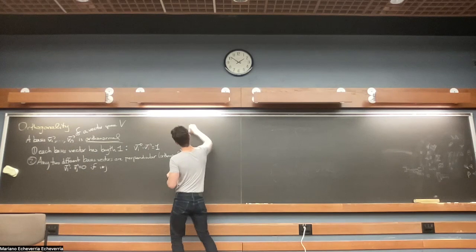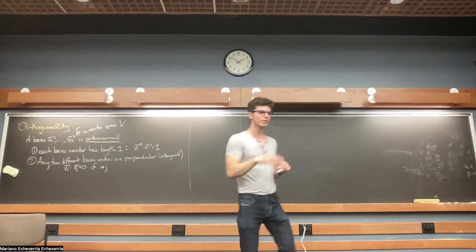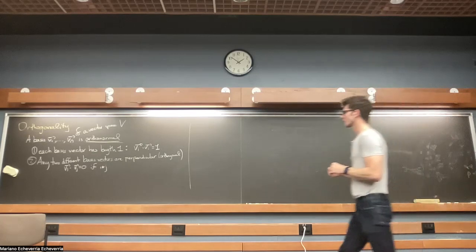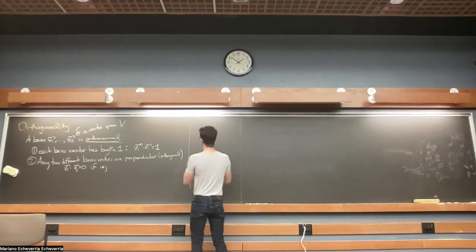Now let me explain in a slightly different way what I was saying last time, before giving you the formula for the Gram-Schmidt algorithm. So here is what's going on.